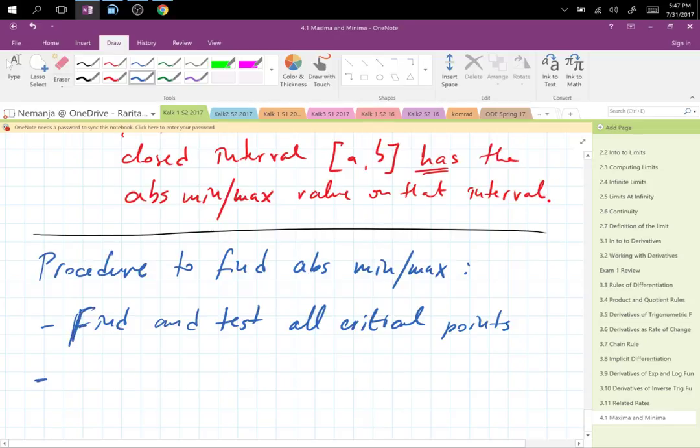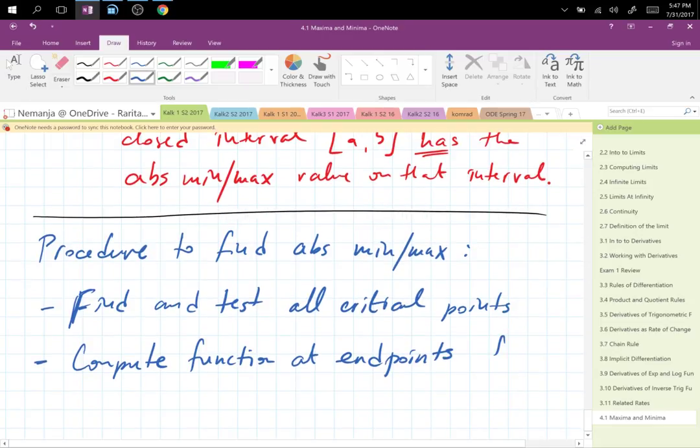So that was the first part, and then also compute the function at endpoints. So that will be f of a and f of b.